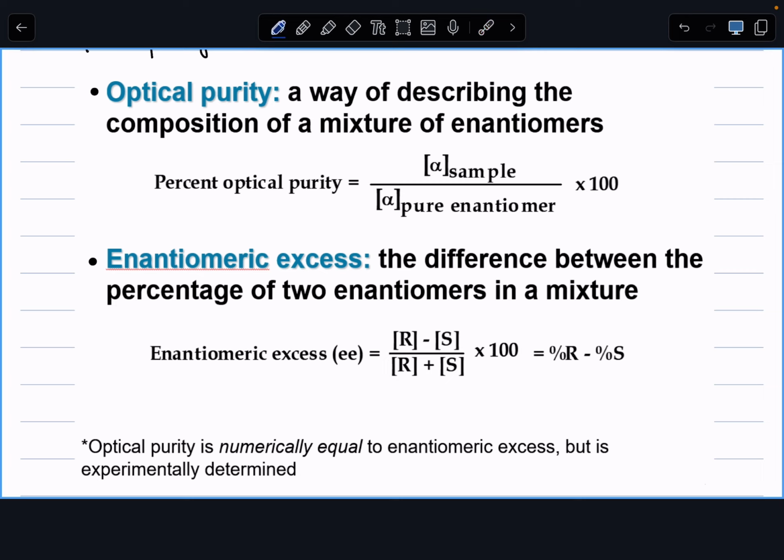In chemistry, we also often use something called enantiomeric ratio, or ER. That's just the ratio between your R to S or S to R. It doesn't matter which one you put in the front. That's just the ratio of your two enantiomers.